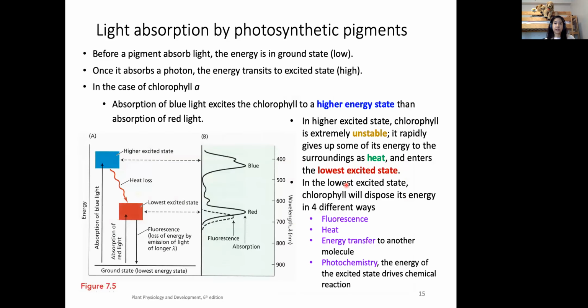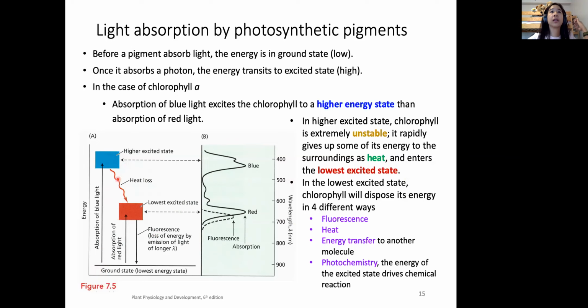So how does it work? How can chlorophyll give energy? In chlorophyll, like I mentioned in the structure of the chlorophyll, the electron can move around. Once the electron receives energy, the energy of the electron goes up very high into the excited state.